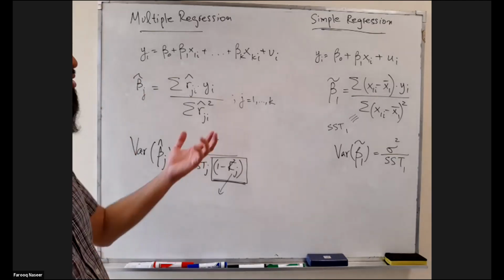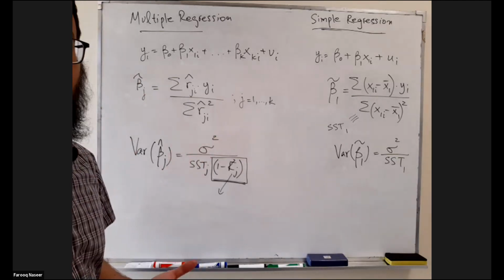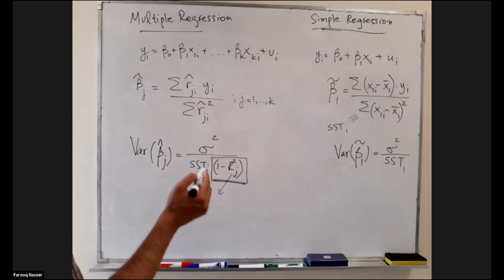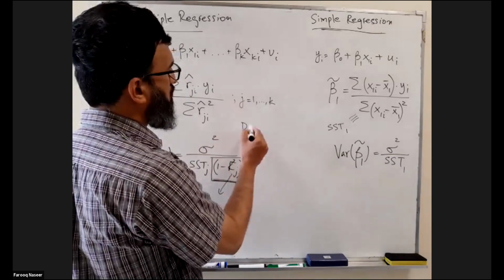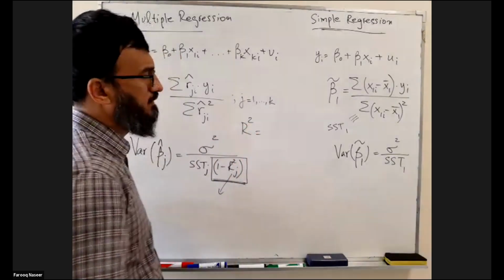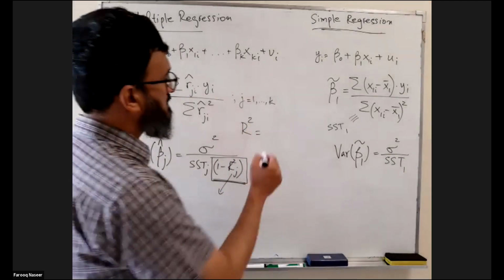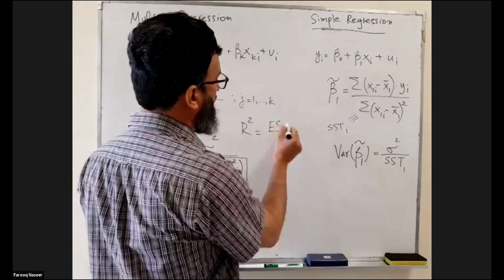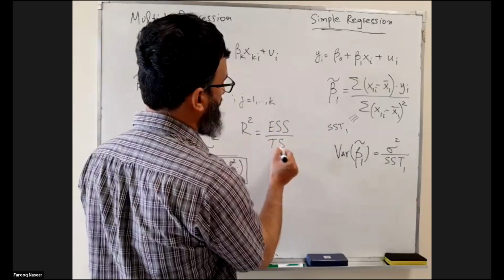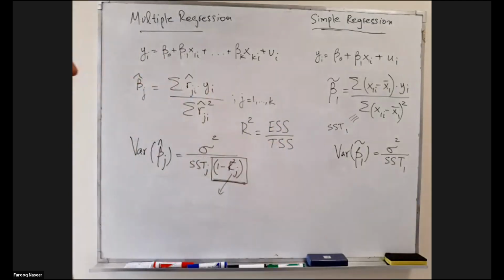Yes. R squared is a measure of goodness of fit of a regression model. How do we calculate r squared? It's the explained sum of squares over the total sum of squares, of the dependent variable.